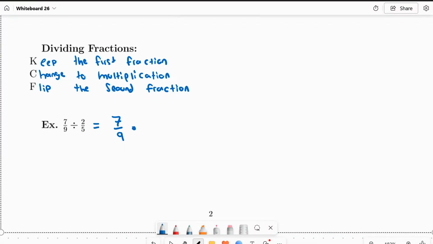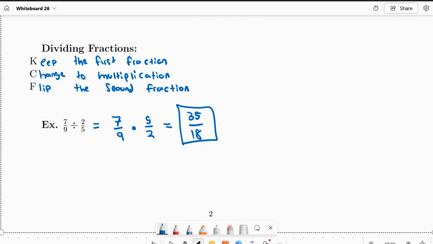And then I will flip my second fraction. So instead of 2/5, it will become 5/2. Now, instead of a division problem, we have a multiplication problem. So I have 7 times 5, which is 35. 9 times 2, which is 18.